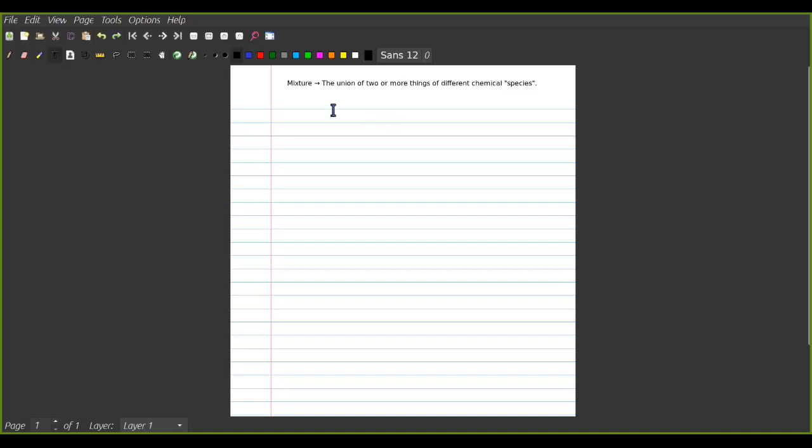So that is the definition, but it's hard to understand. So let's say we have a beaker. This is my best shot at drawing a beaker. Let us get two things of different species.